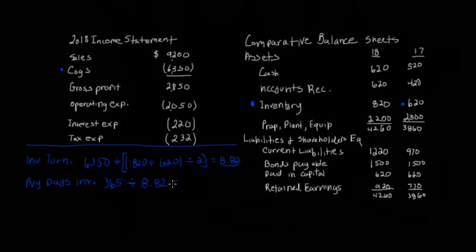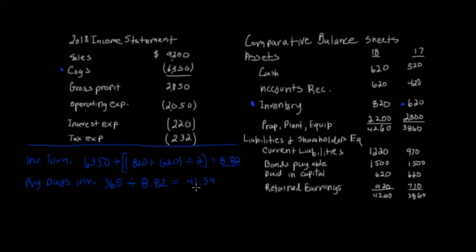Then we will get an answer of 41.39. This is the total number of days on average that our stuff is in inventory.